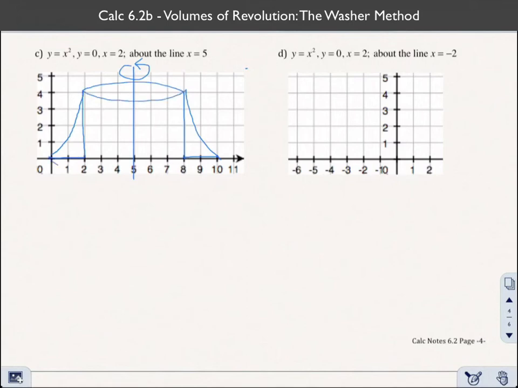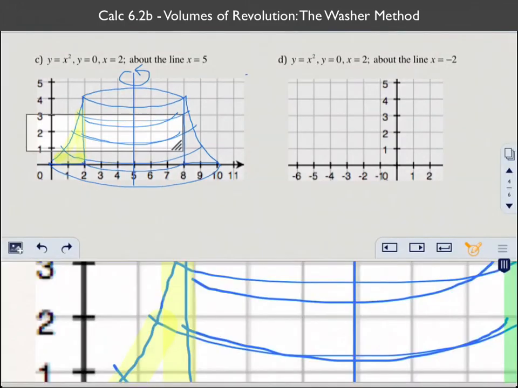Okay, and then we'll just make this a little bit more three-dimensional looking here. Here's the inside, and then here's the outside. And the area that we are revolving is right here.